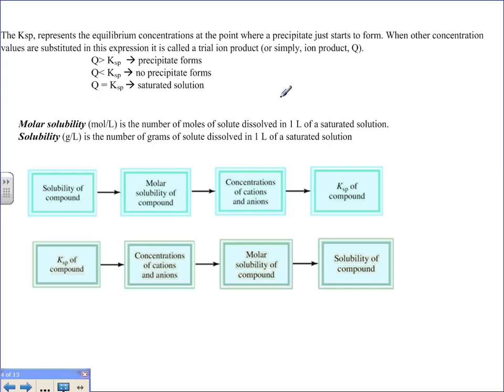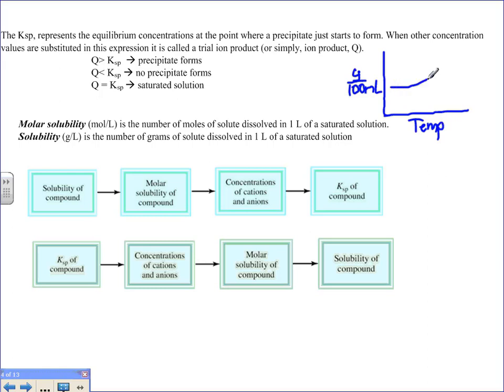Now, last year, you'll recall that you were looking at solubility curves, and you would have the solubility in grams per usually 100 milliliters on the y-axis, and then the temperature in degrees Celsius.